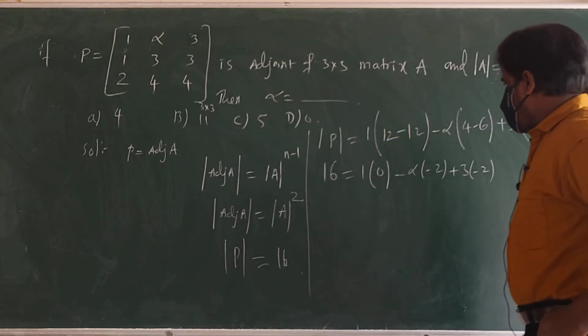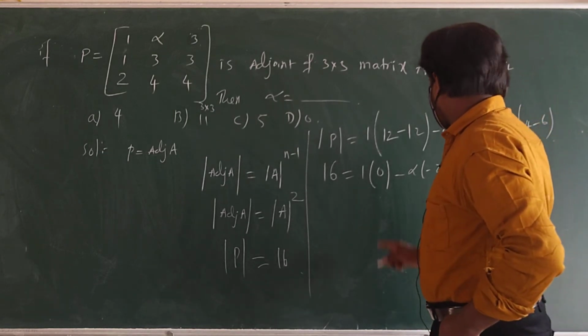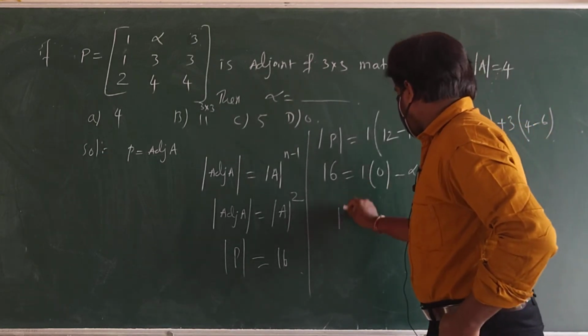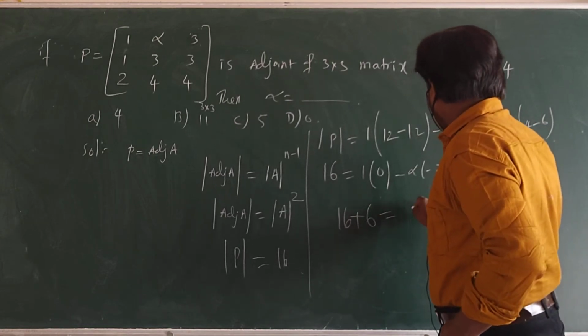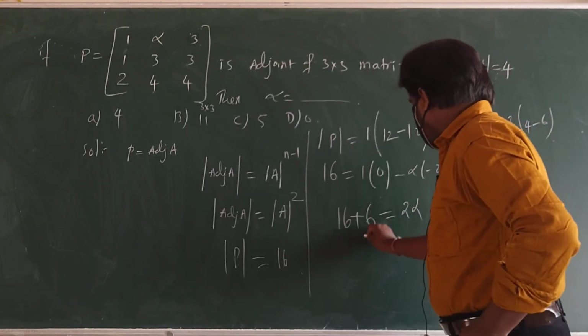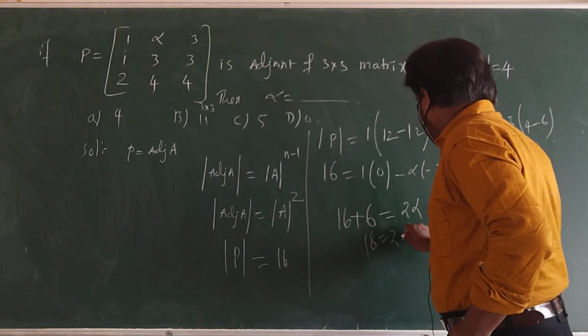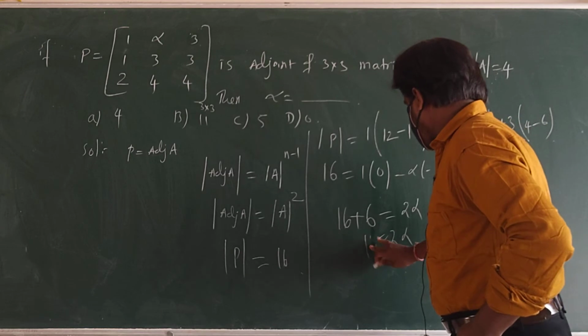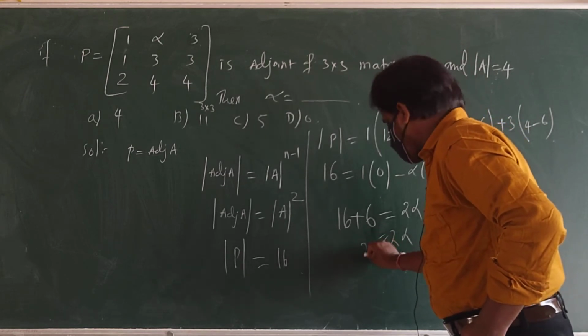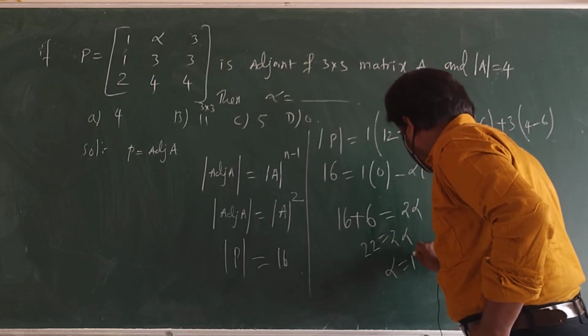This minus 6 and this plus 6 gives 2 alpha. So 22 is equal to 2 alpha, and alpha is equal to 11.